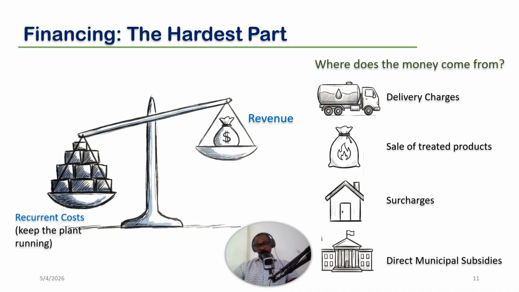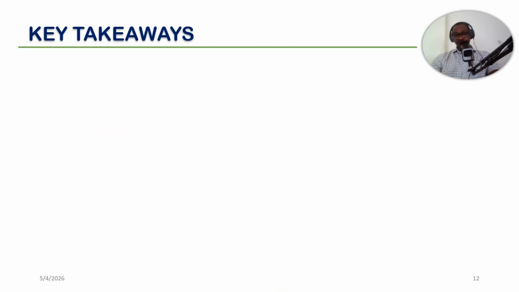And the direct municipal subsidies, we're looking at funding or grants that come in to help extend the services into the communities. So these also help improve financing of utilities and Faecal Sludge treatment plants globally.